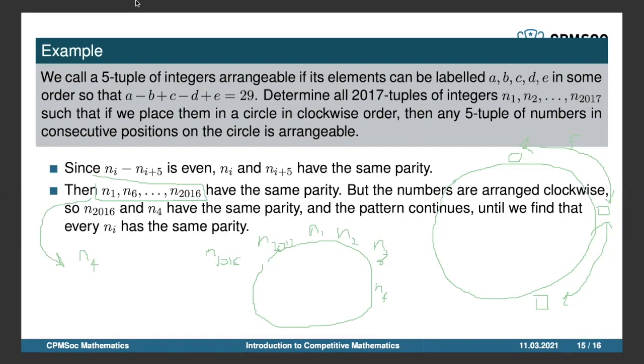So note that numbers 1, 6, 11, and so on only cover the positions that are 1 more than a multiple of 5. But we still have a lot of other positions to cover. So if we start at n4, we can cover the next batch of positions. These are all the positions that are 4 more than a multiple of 5. So 4, 9, 14, and so on.